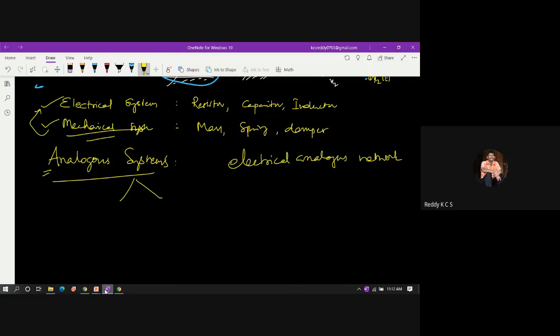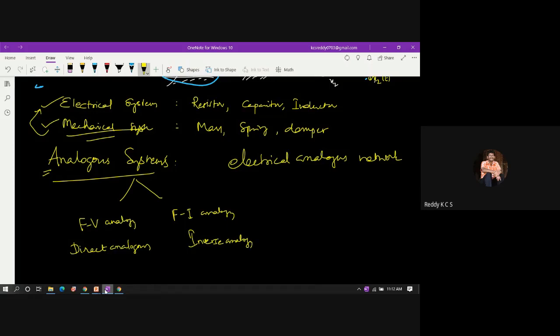What are those two methods? One is the FV analogy. The other one is the FI analogy. The first is called direct analogy, or direct analogous networks, and the second is called inverse analogy, or inverse analogous networks.